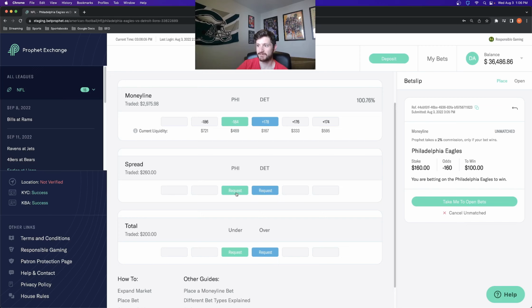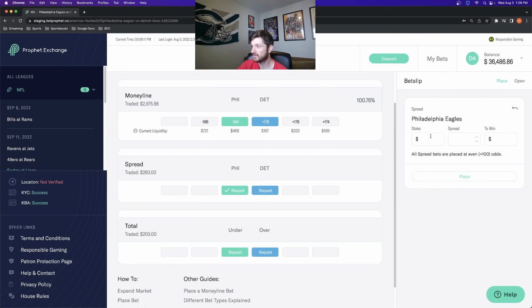But we see for the spread right now, there is no liquidity. So we can just set our own market for whatever we want it at. I'm going to put $100 on the Eagles at minus 7. One thing you need to understand about spread bets is that they're always placed at even money, plus 100. So no matter what you set the spread at, it will be accepted at even money.